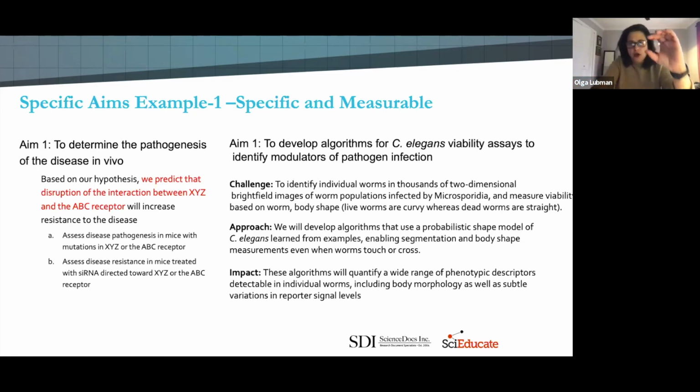And then they put in the hypothesis, they give their approach, and they put in the impact, where they say that these algorithms will quantify a wide range of phenotypic descriptions detectable in individual worms, including body morphology, as well as subtle variation in reporter signal levels.